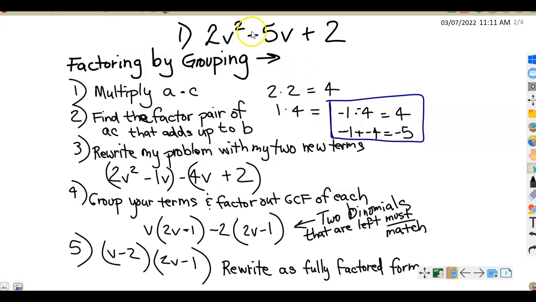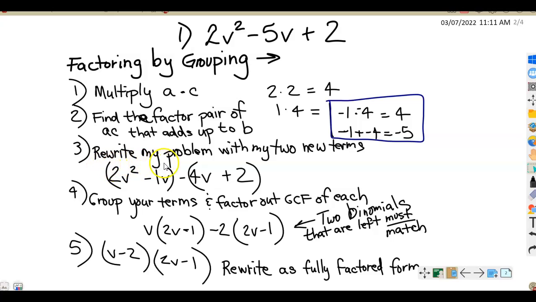And our B term is negative, but C is positive, so both of the binomials have to have the same sign. So -1 times -4 does equal +4, which is A times C, and -1 plus -4 equals -5, which is B. So voila, we've got our factor pairs.